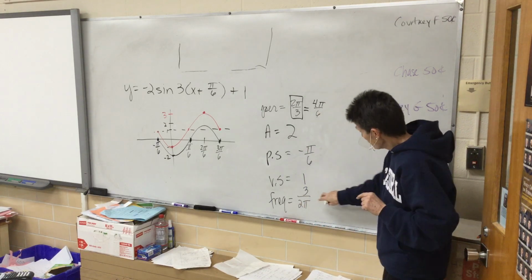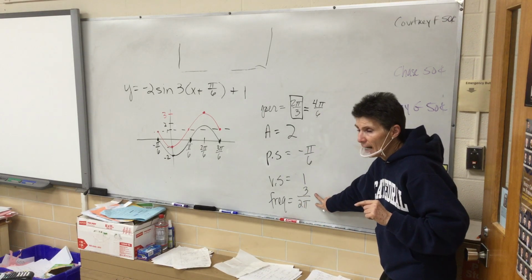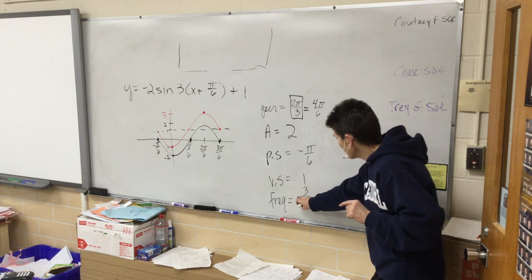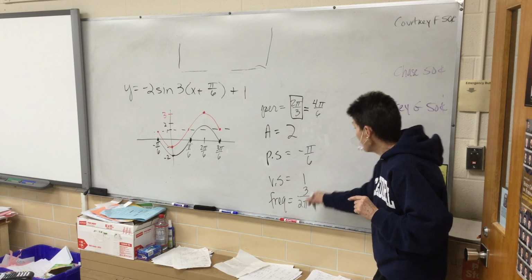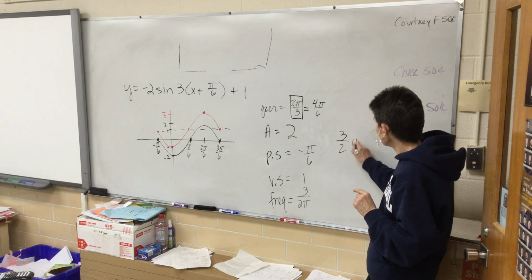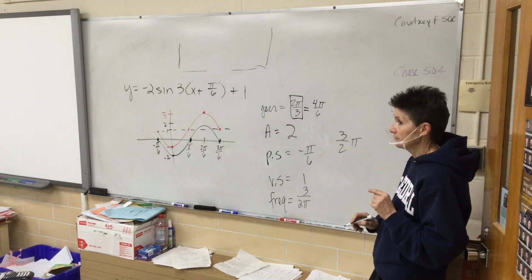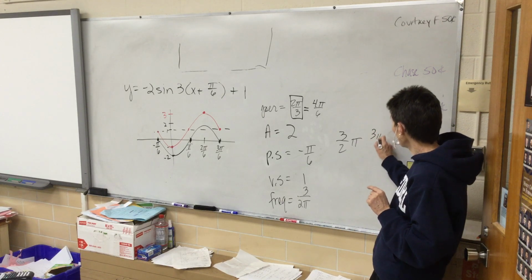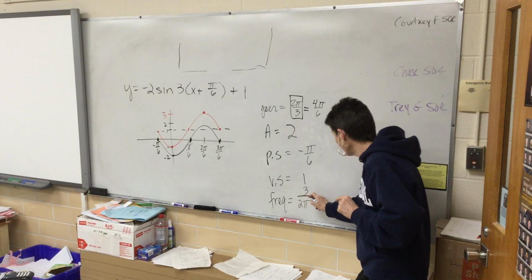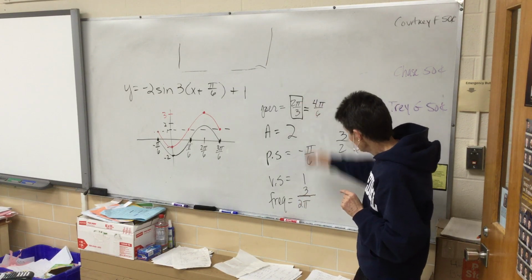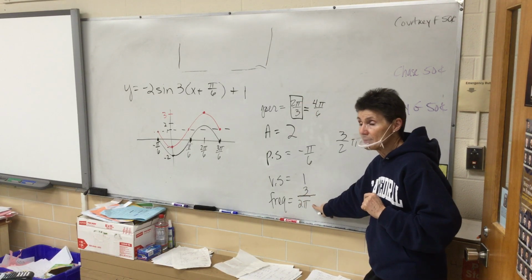Now notice, when I wrote that, I was very careful to make sure that bar was long enough to get the pi underneath. Because if you give me one of these, that's wrong. That is 3 pi over 2, and that isn't what I mean, right? So make sure when you flip your period that the pi is clearly in the bottom.